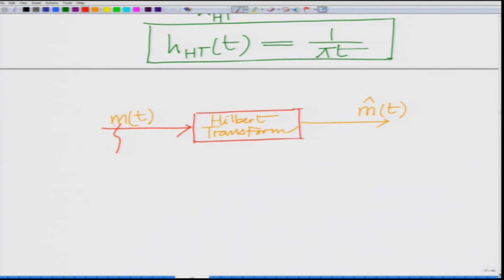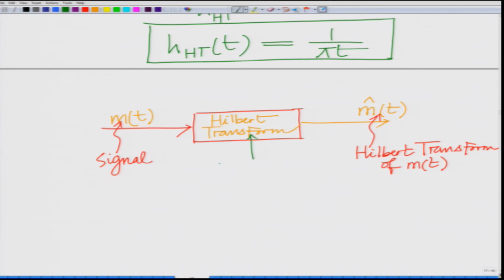This is your signal, and this is its Hilbert transform. This system has Fourier transform, as we already see, equal to minus j sgn f. In fact, this is a phase shifter, correct.